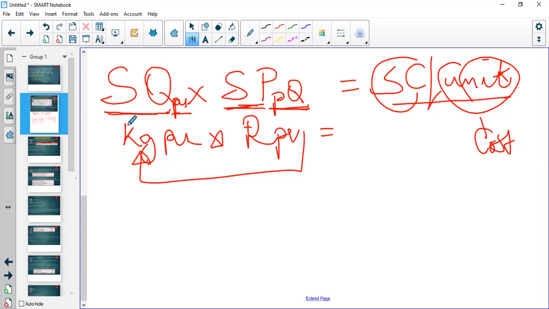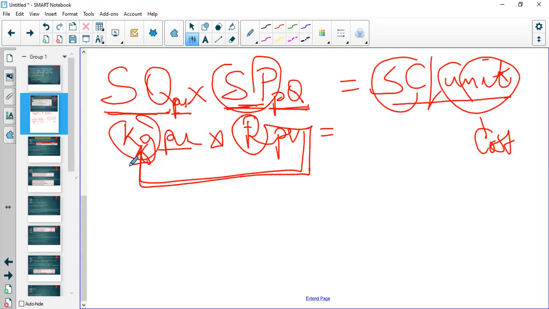So if your standard quantity is being measured in terms of kilograms per unit, then your standard price should be measured in terms of rands per the standard measurement used in the standard quantity. All right. So it's rands per the measurement basis used in the standard quantity, which is kilogram. So we have standard quantity being kilograms per unit, and the price being rands per that standard, which is kilograms.